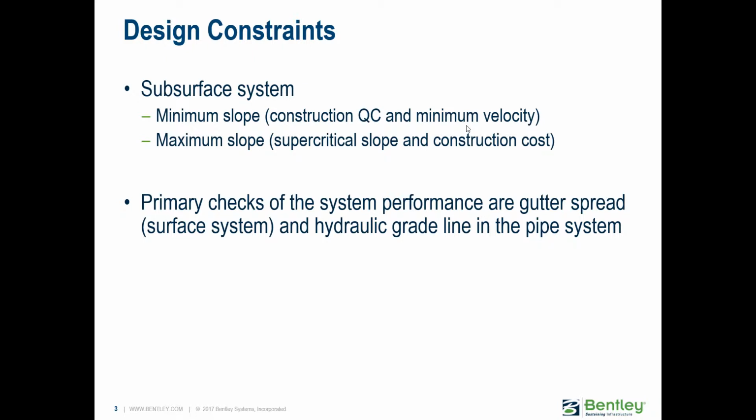And in fact, when you're doing your analysis, you can always look at the spread as one of your primary constraints. And also we take a look at the hydraulic grade line in the pipe system itself. So we want to know how high the water is getting, right? So we want to make sure that we're not getting surcharged pipes or even worse, water coming out of inlets in the system.